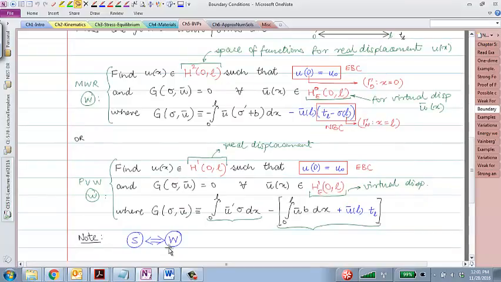When we set up this method of weighted residuals from the strong form, we did integration by parts to come to the principle of virtual displacement. We showed that we can get from the strong form to the weak form. We can also get back from the weak form to the strong form. We have just now shown that if we have an energy form as an alternative to the strong form, we can still get to the weak form.